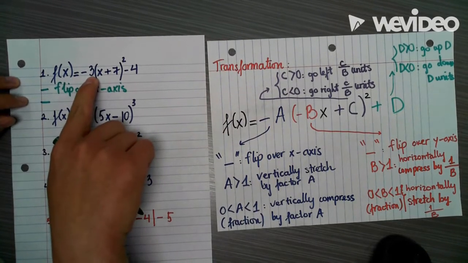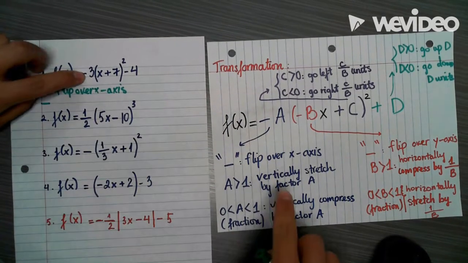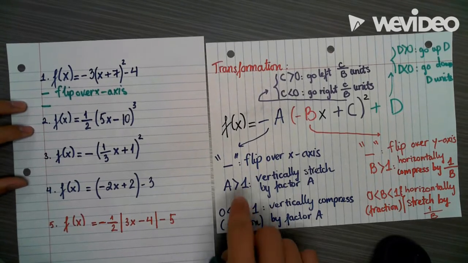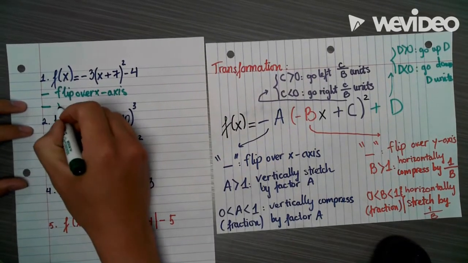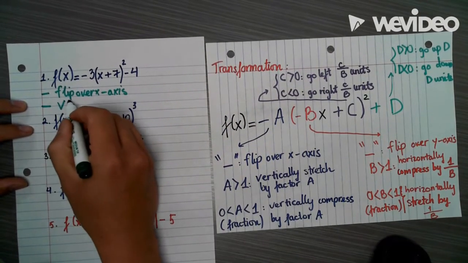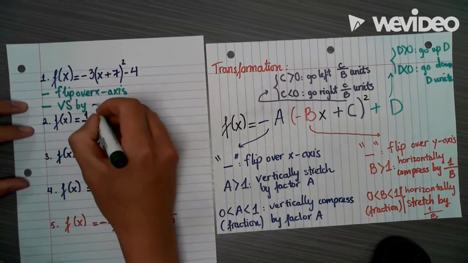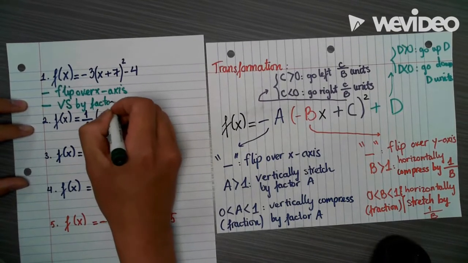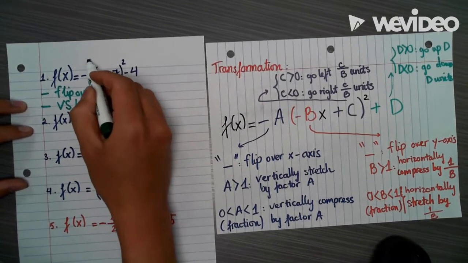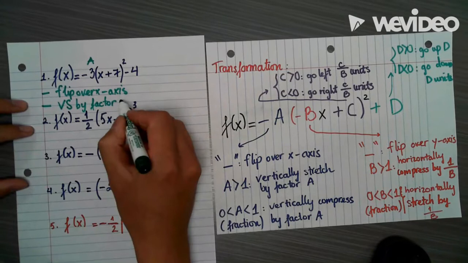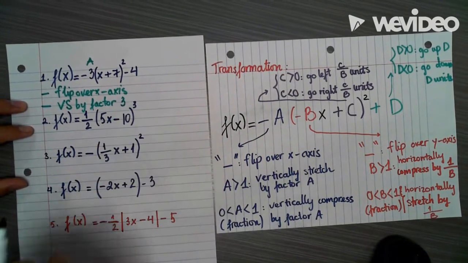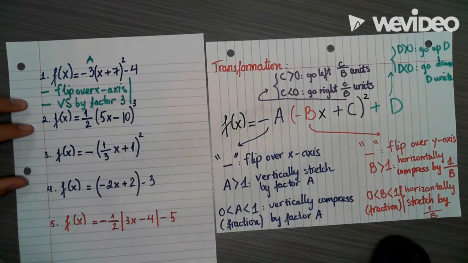Number 3 is bigger than 1, so we describe it as vertically stretched by a factor of a. My a is 3, so by a factor of 3. Good.